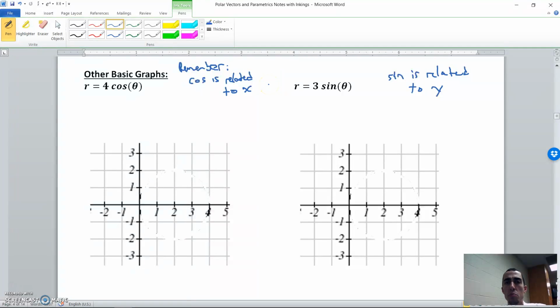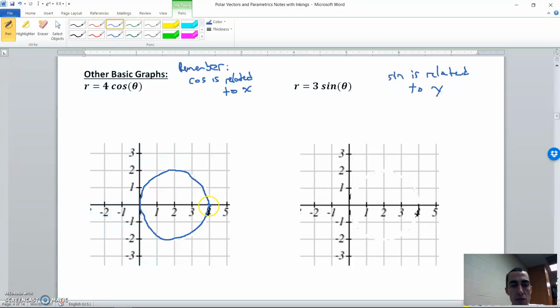Last, I'd like to give you a brief introduction to what some of these polar coordinate graphs look like. First off, r equals 4 cosine theta. Remember that cosine is related to the x variable from our equations in the past. And so it turns out that the graph of r equals 4 cosine theta is going to be a circle with a diameter of 4 that touches the origin over here.